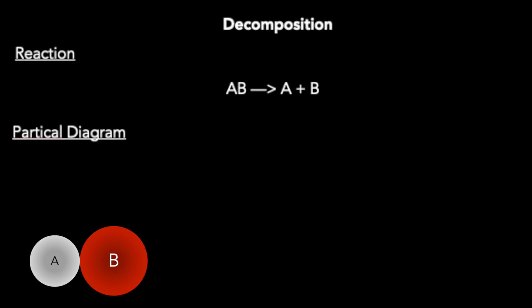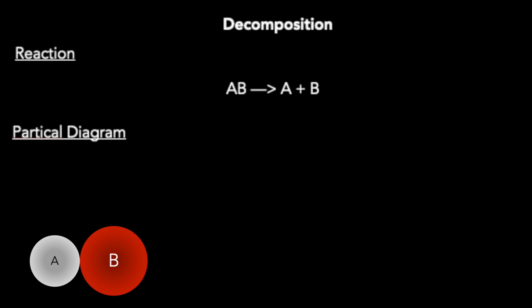So let's break down the basics of what a decomposition reaction is. You may have noticed that it's essentially the backwards reaction of a synthesis reaction. Instead of forming a more complex substance from more simple substances, we're breaking down a more complex substance into more simple substances.